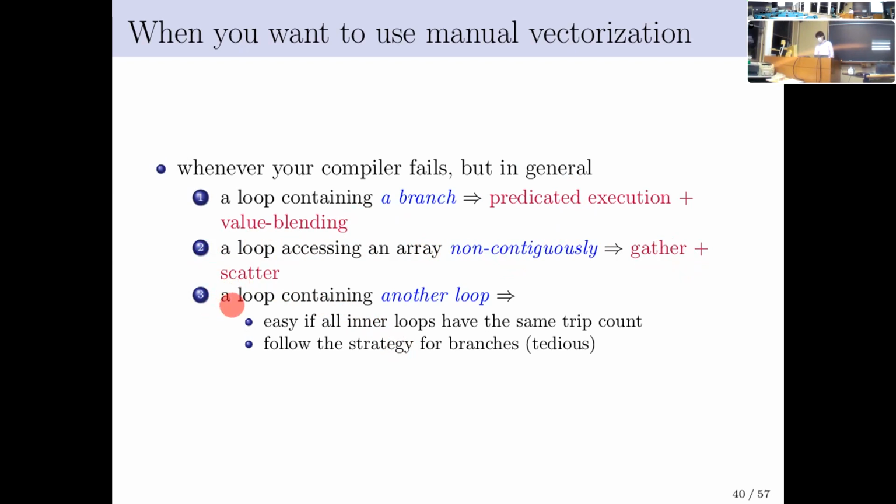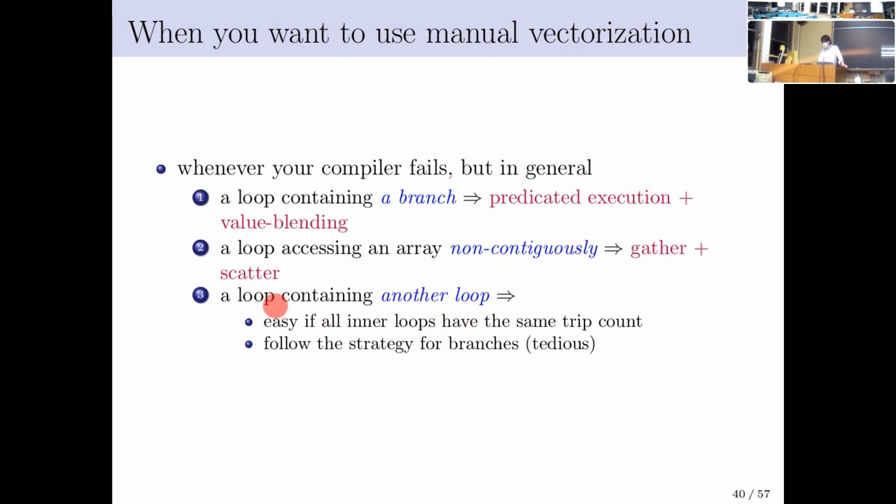Another particularly important situation where you want to manually vectorize is a loop containing another loop. Actually, this is very easy if all inner loops have the same trip count, so the number of iterations the inner loop runs does not depend on the index value of the outer iterations.